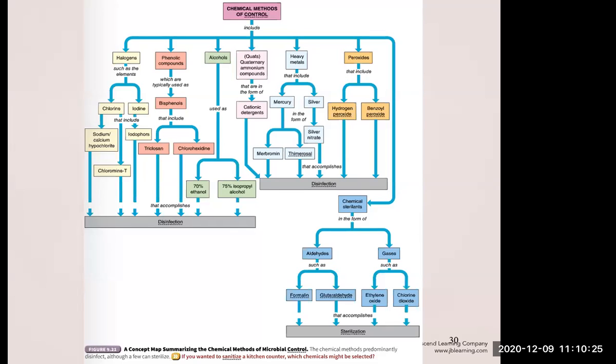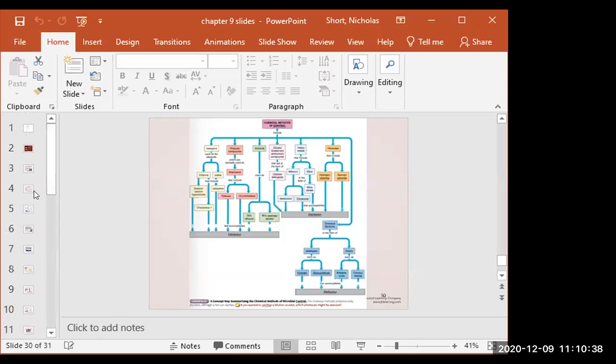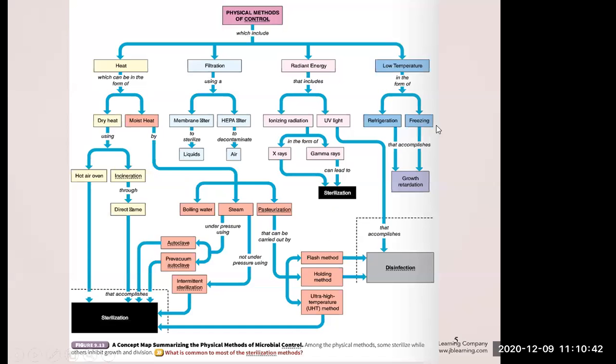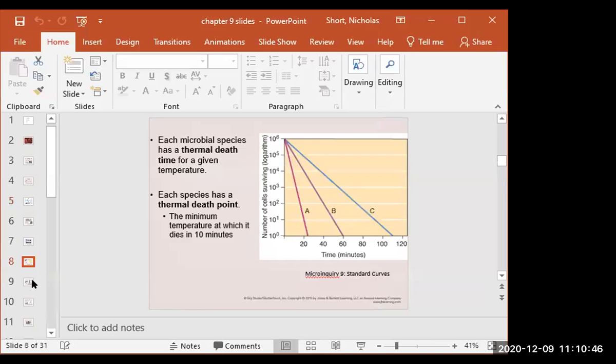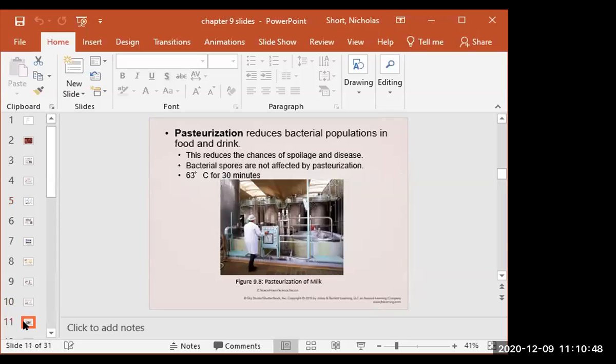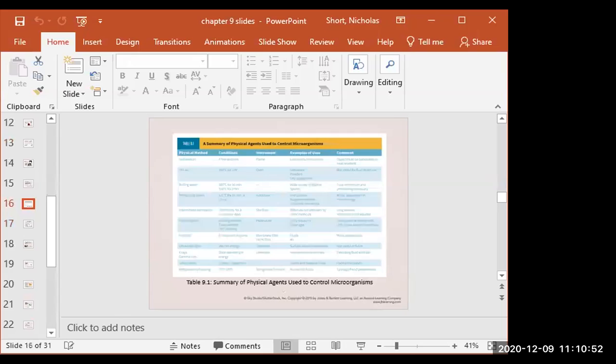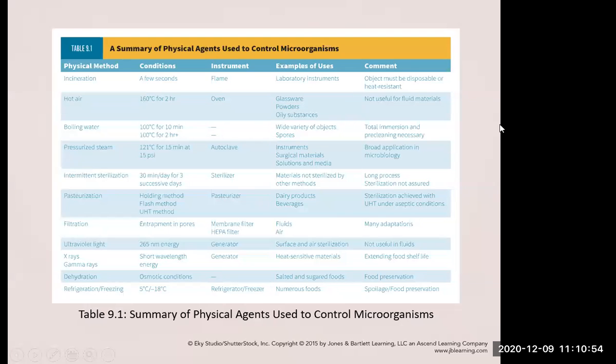And then this is just the summary slide of everything that we talked about. So what I recommend you do, we have 3 good summary slides here. We have this one, this one, and this one.